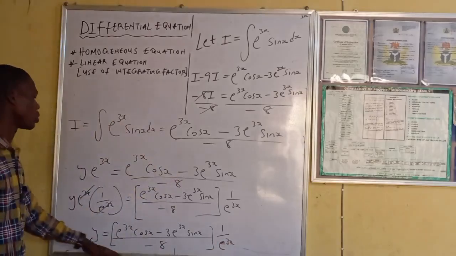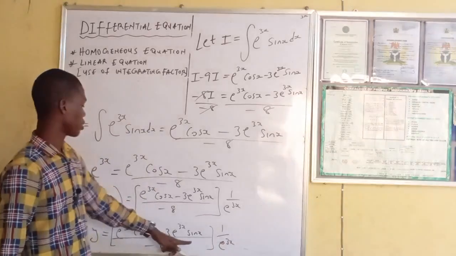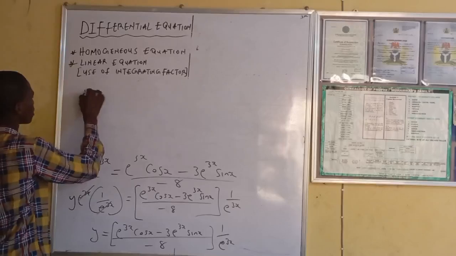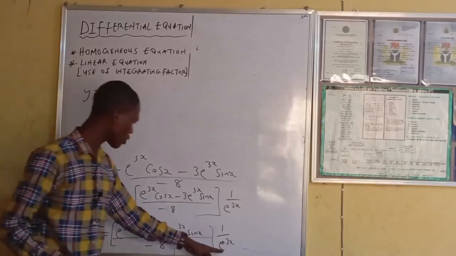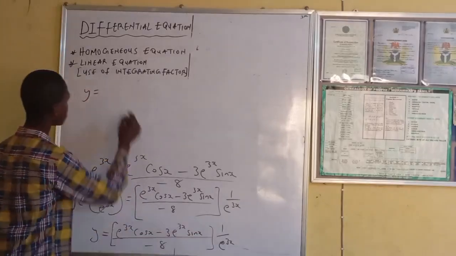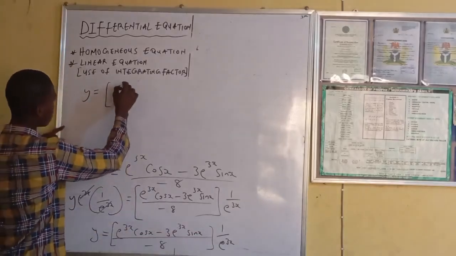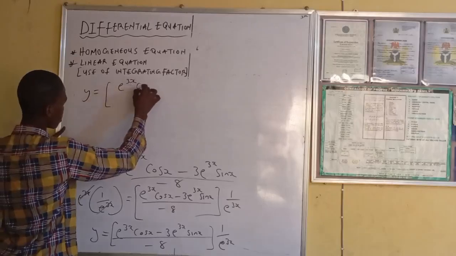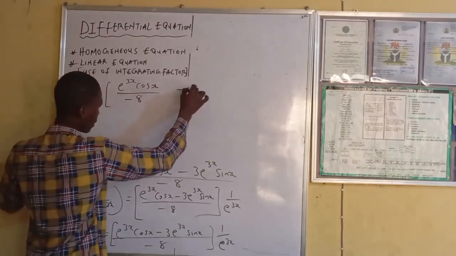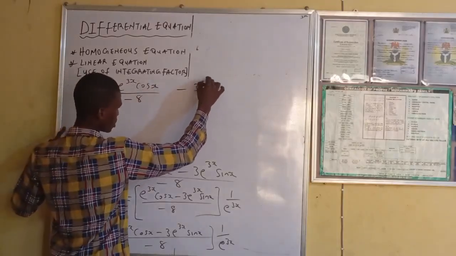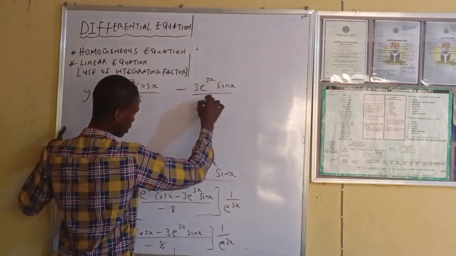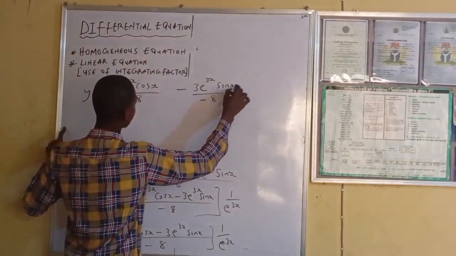So this is the value that was differentiated. But let's simplify further. From here, y equals 1 over exponential 3x. This fraction is still the same thing as exponential 3x cos x divided by minus 8 minus 3 exponential 3x sine x divided by minus 8, right?